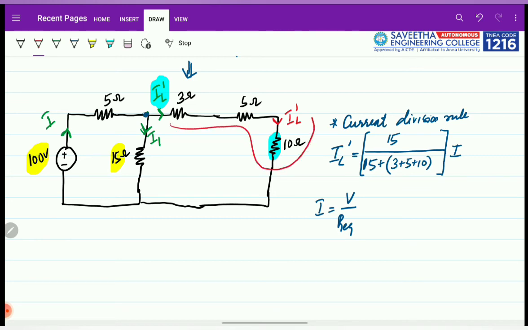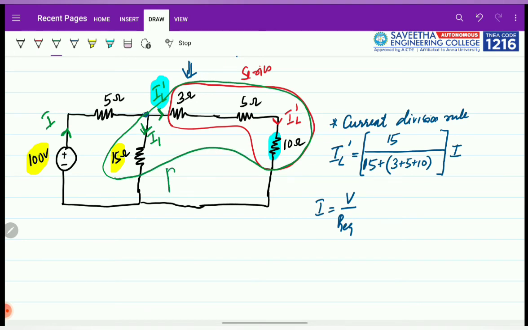That in turn is in parallel to this 15 ohm resistance, and finally those combinations are in series with this 5 ohm resistance.